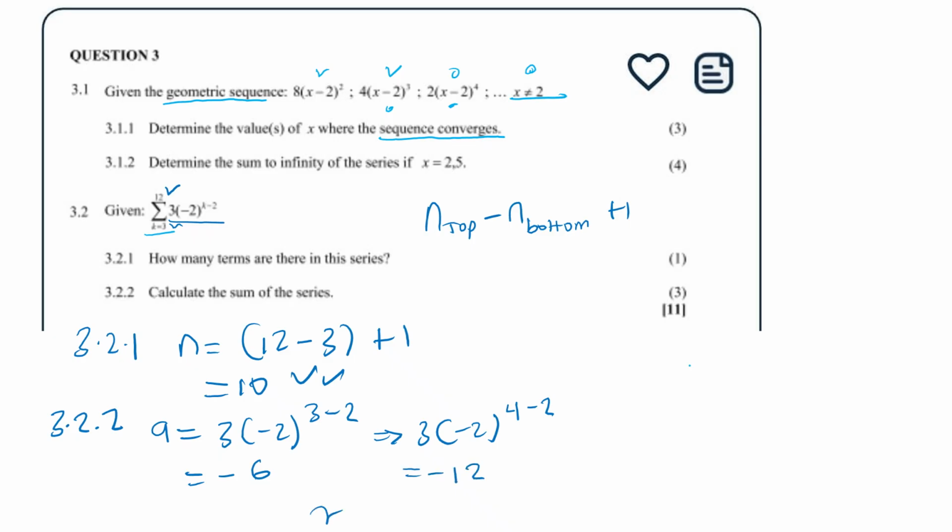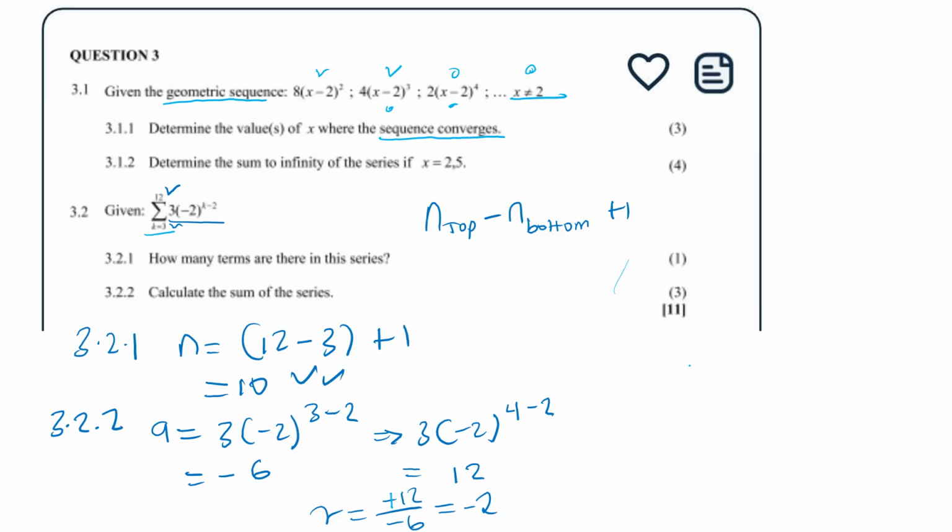Therefore now r is equal to minus 12 over minus 6, which is equal to minus 2, right? No, it's supposed to be 2, right? Oh, I'm sorry about that. I didn't punch this correctly on the calculator. Therefore now this has to be positive 12 over negative 6, which is equal to negative 2, right?